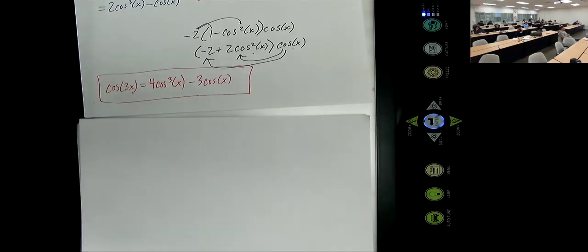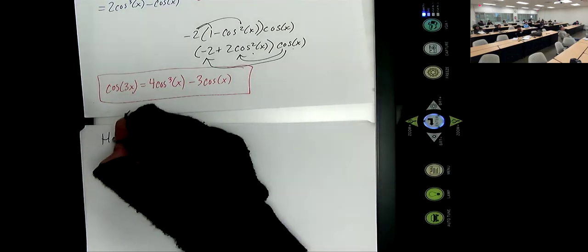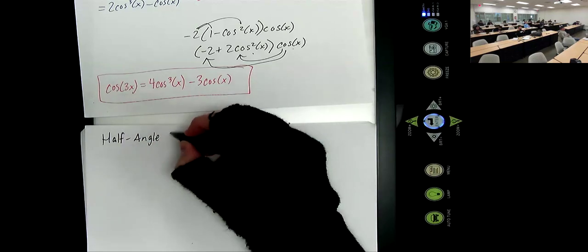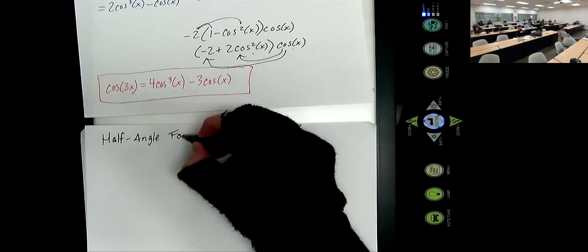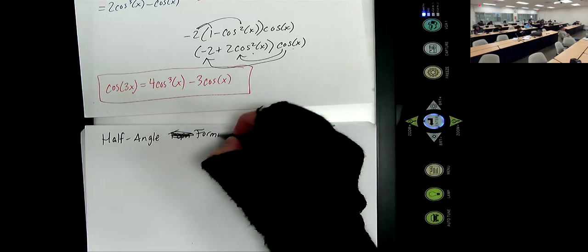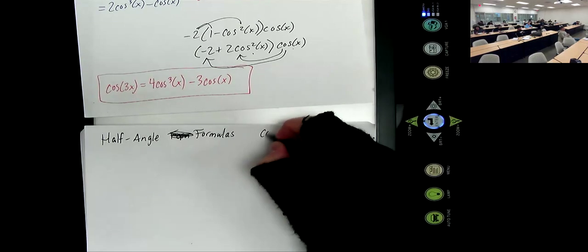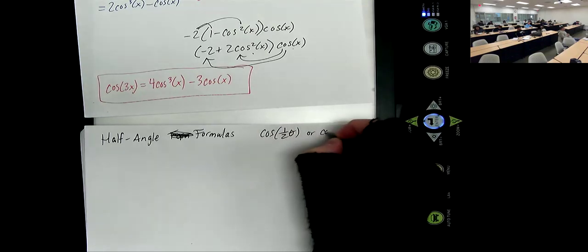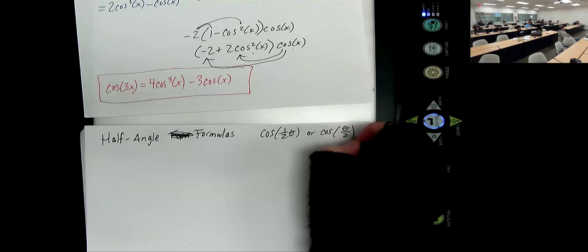So the next set is called the half angle formulas, like cosine of 1/2 theta, or cosine of theta over 2, which are the same thing.